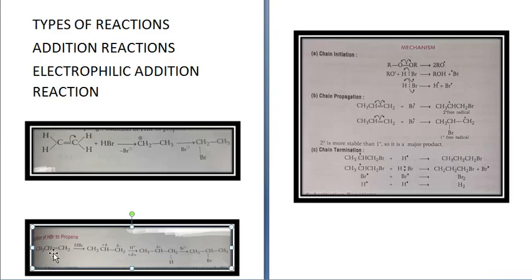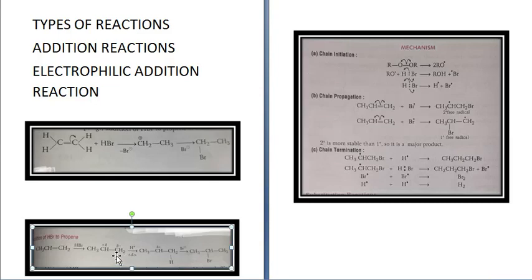Alright, now similarly let's see with propene. Propene molecule is CH3 CH double bond CH2. Now when it comes in contact with HBr, a polarity is developed in propene molecule, so it becomes CH3 CH, this carbon has a delta positive charge, single bond CH2 delta negative, double bond is converted to single bond.